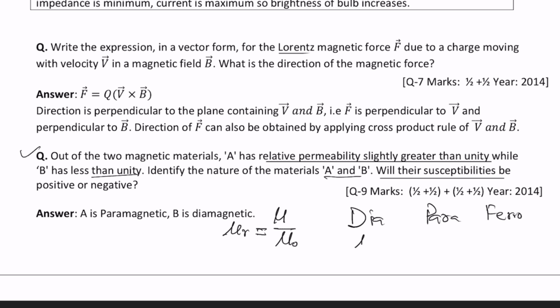Now for dia the relative permeability is less than 1, for para it is nearly equal to 1, and for ferro it is greater than 1, correct? So now we can distinguish that A is paramagnetic, because it is given that A has relative permeability slightly greater than unity. Greater than unity means paramagnetic, and B is slightly less than unity, so B is diamagnetic, correct?